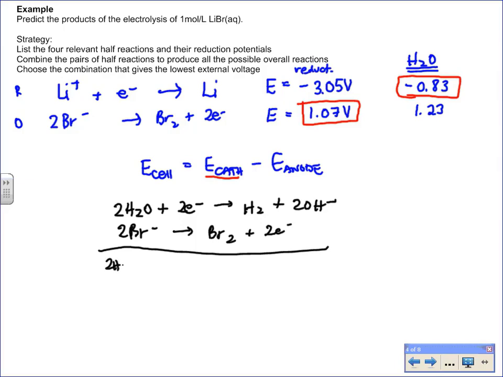And so overall, this is the reaction that's going to occur for the electrolysis of lithium bromide. The lithium will simply be a spectator ion. It won't be produced, which is also kind of helpful, because if you think about what would happen if lithium were produced in this reaction, lithium is reactive, and it would actually react with the water as it's being produced.